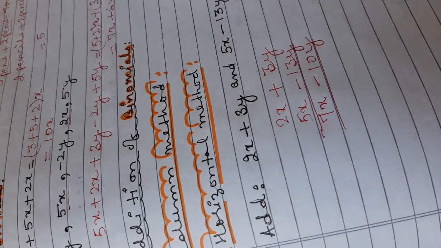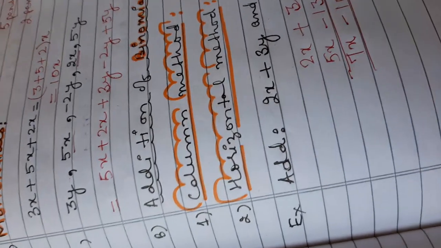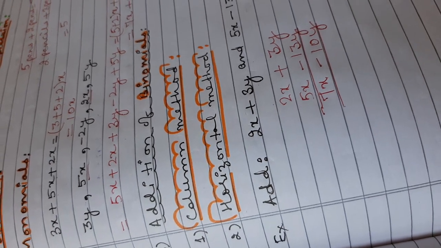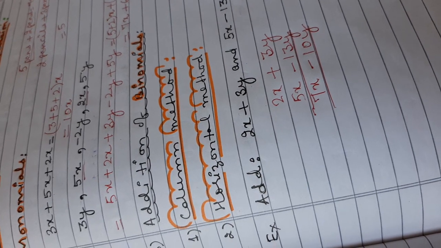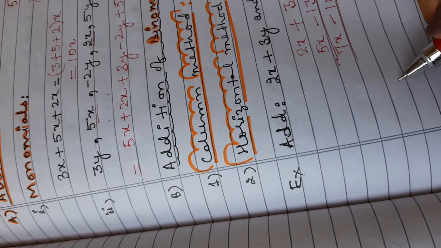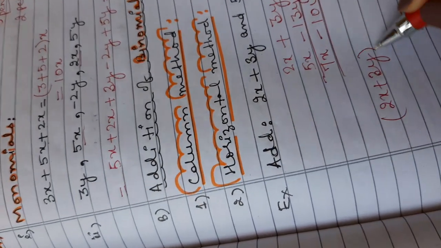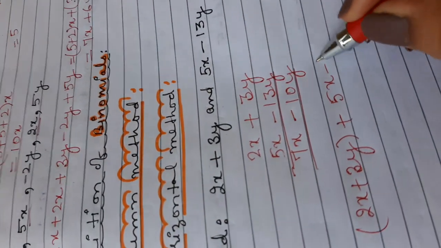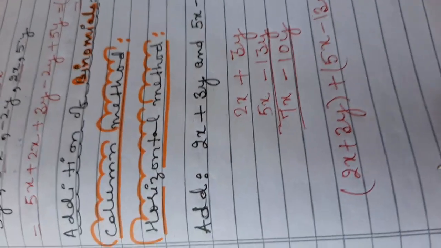Now the next is the horizontal method. For horizontal method, rearrange the like terms and then add the numerical coefficients. Write 2x plus 3y, take it in the bracket, plus 5x minus 13y, again take it in the bracket.